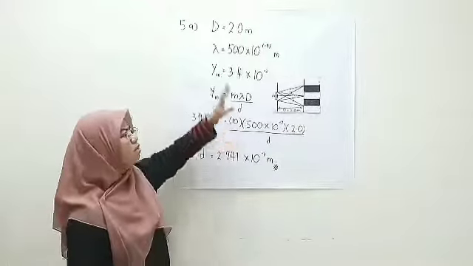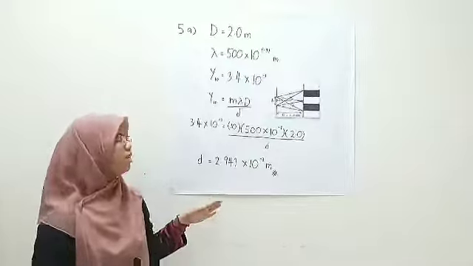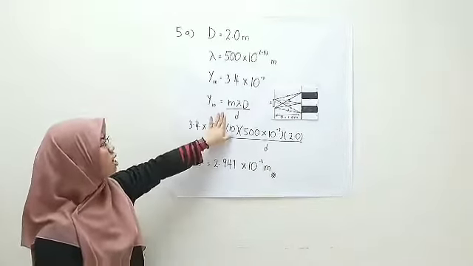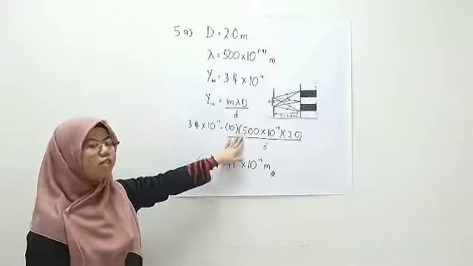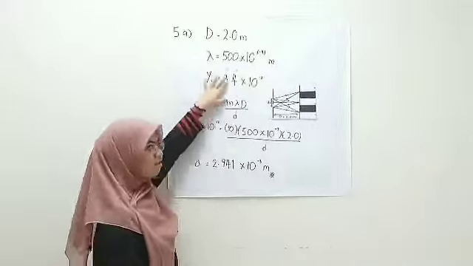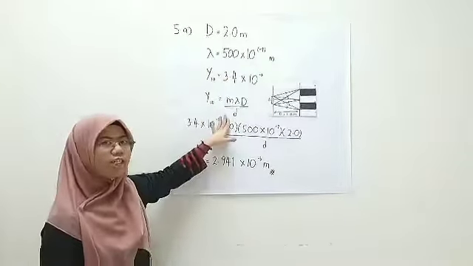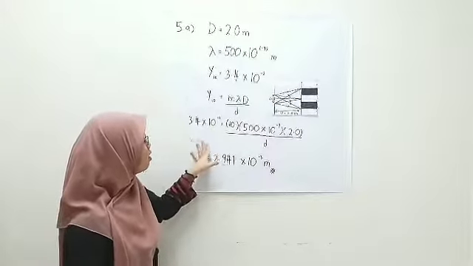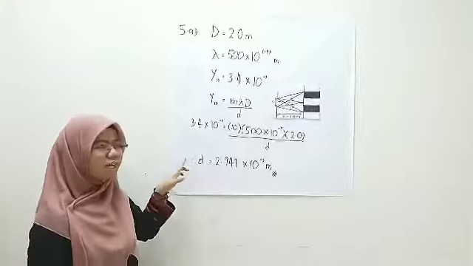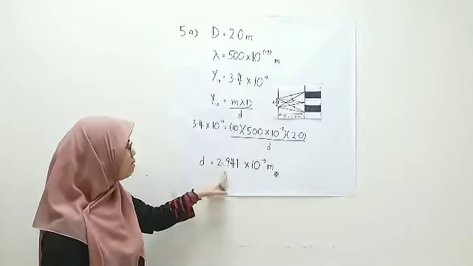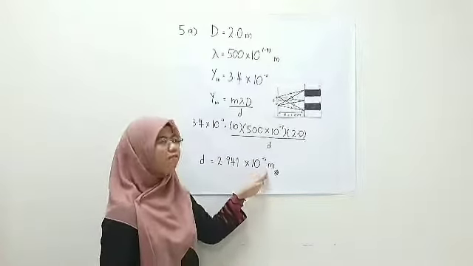From the question, we can come up with the formula: Ym equals m lambda capital D over small d. From these values, we can substitute into the equation, calculate, and get small d as 2.941 times 10 to the power of negative 3 meter.